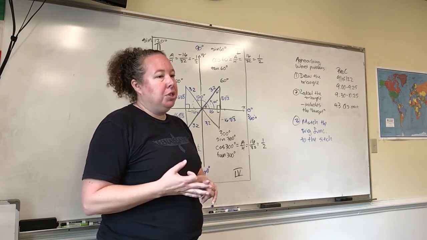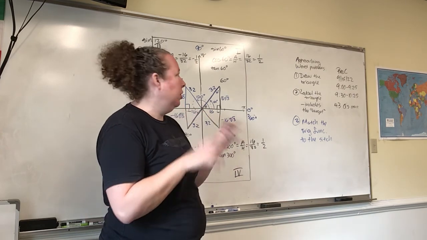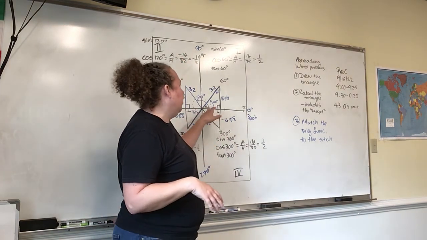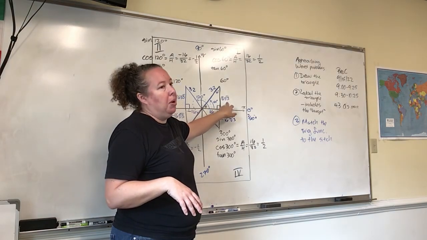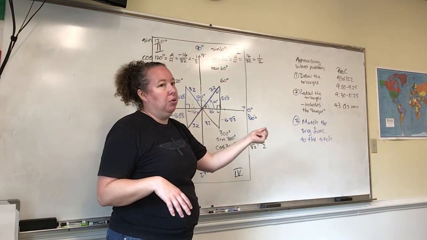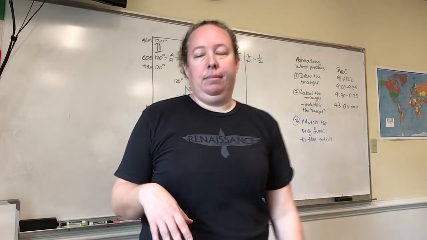You're welcome to use the calculator to check your answers, but again, I'm going to want the actual, for example, obviously the sines, they've got this radical 3 in them. I'm going to expect to see the radical 3 in your answer as opposed to the decimal approximations. Okay? All right, go for it.